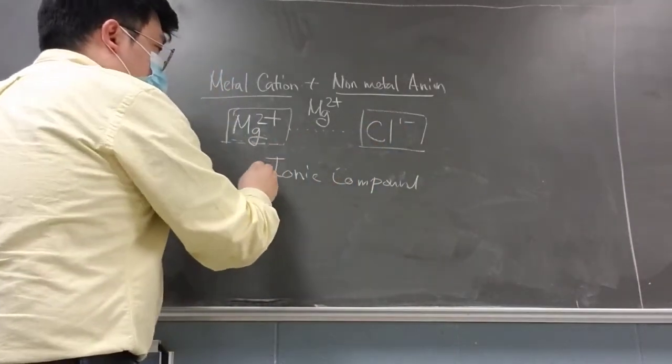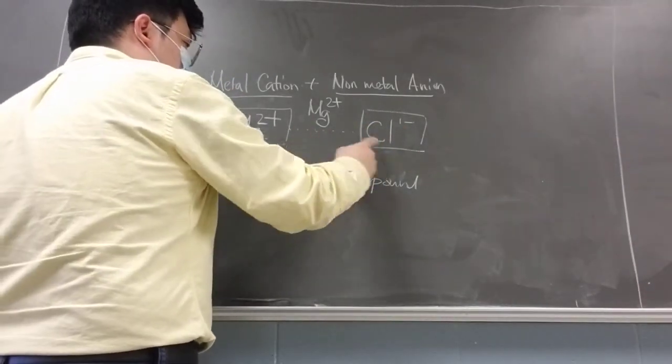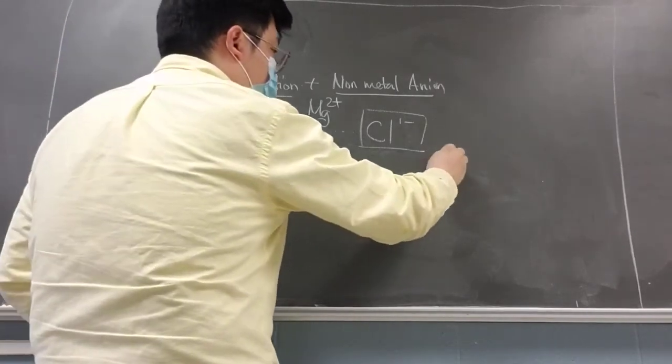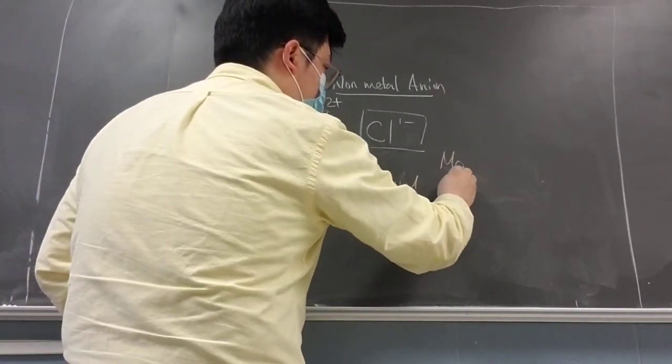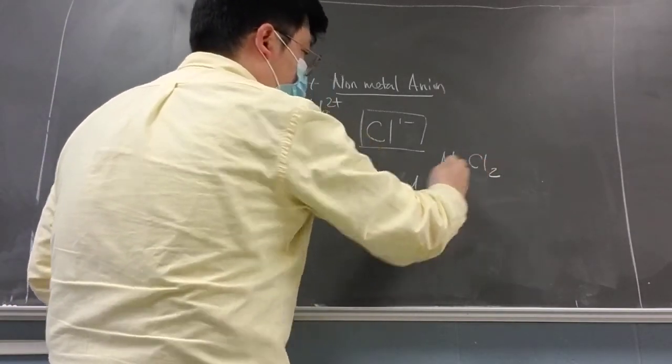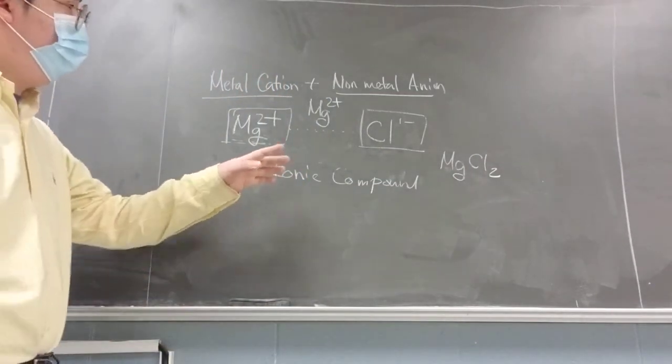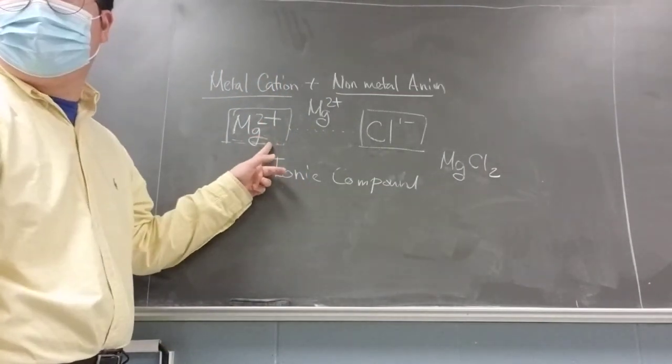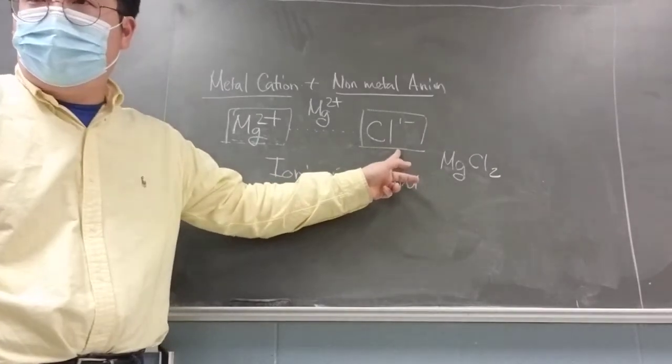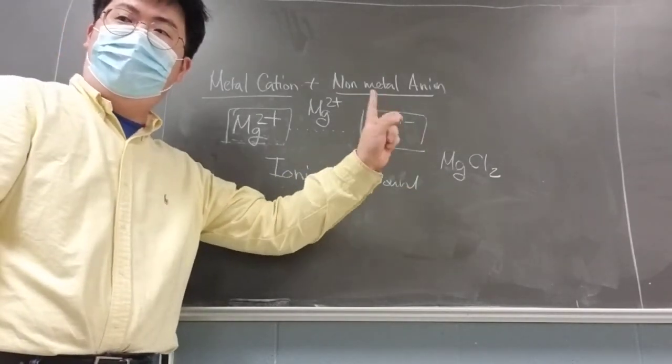So when you write the chemical formula for this compound, we're going to write it as MgCl2, not 1. Because magnesium has a 2+ charge, but each chlorine anion will carry only one negative charge.